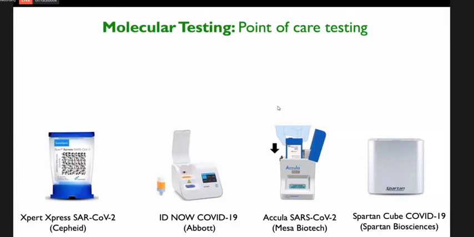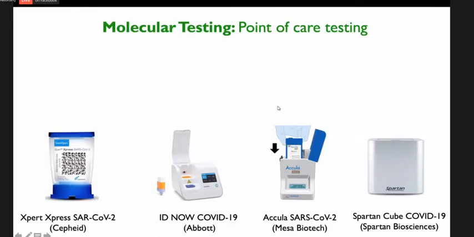Currently, certain systems have received US emergency use authorization, the FDA authorization. Some of the popular POC test systems include the Xpert Xpress from Cepheid, ID NOW from Abbott, AQ Ella SARS from Mesa Biotech, and Spartan Cube from Spartan Bioscience.